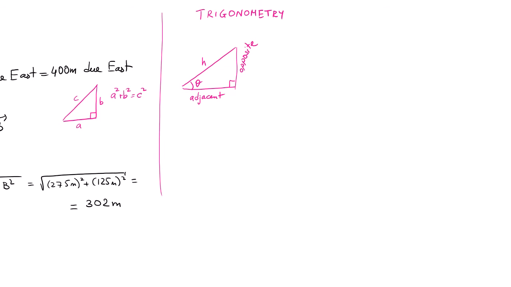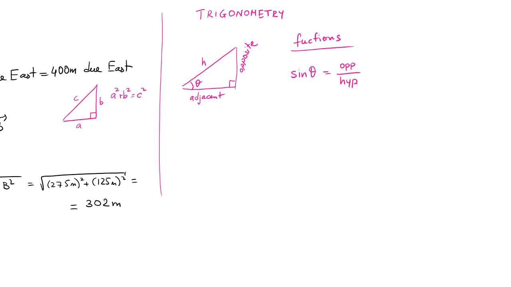Okay, so the functions. The first one is the sine function. Sine theta equals opposite over hypotenuse.